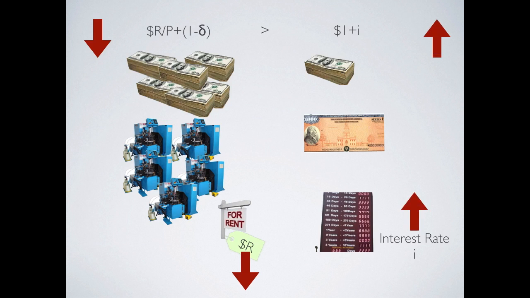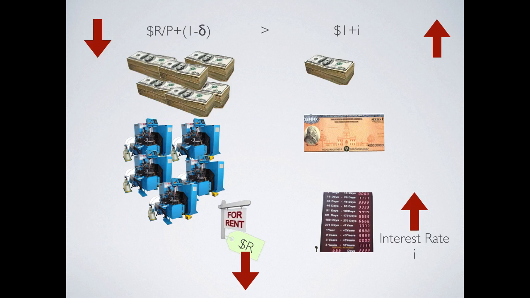Therefore, altogether, when the return on capital is higher than the return on financial assets, the reallocation of portfolio choices among households creates a driving force that drives down the capital machine rental price, which drives down the capital investment return.